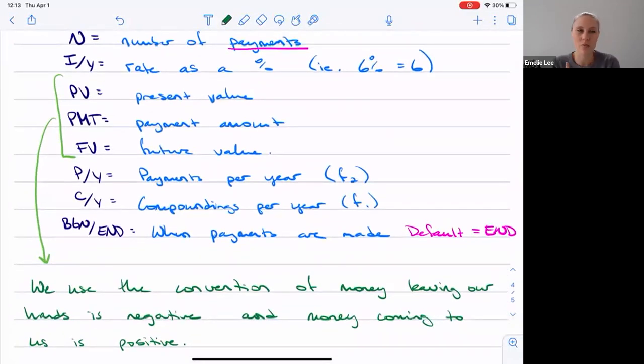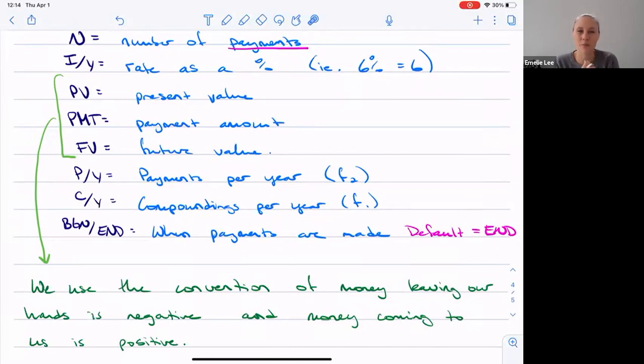But it's going to be really important because, let's say you borrow, well, let's go back to that other example. You borrow $20,000. Any amount that you borrow would be positive, right? You get that amount because you borrowed it.